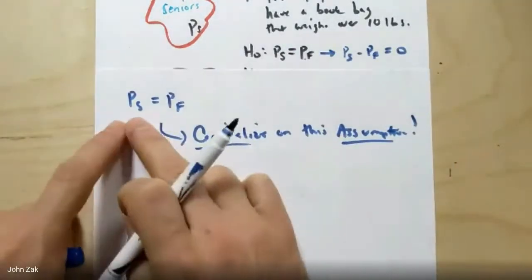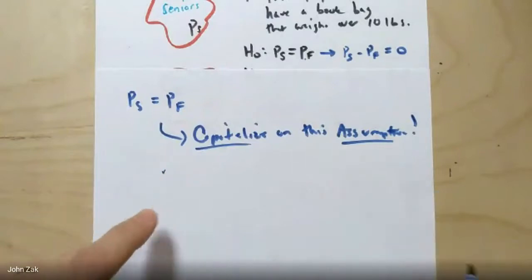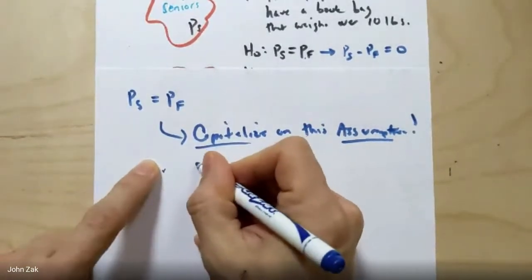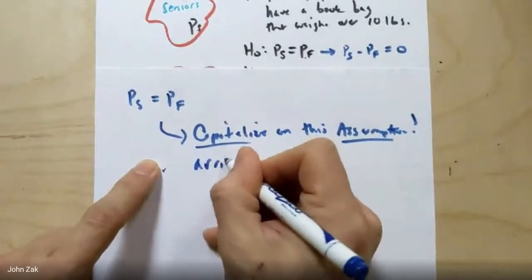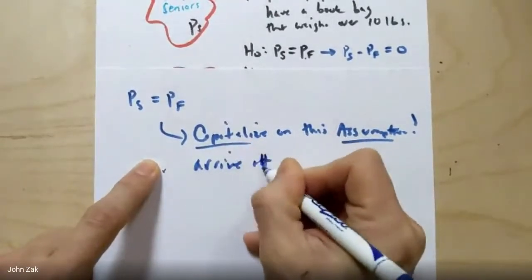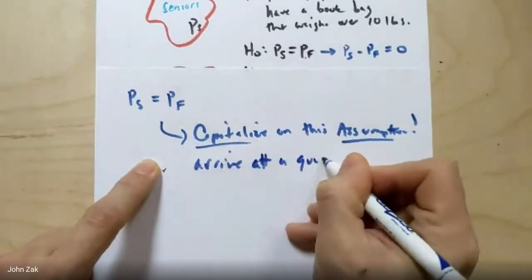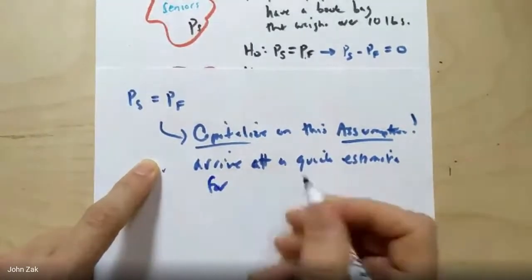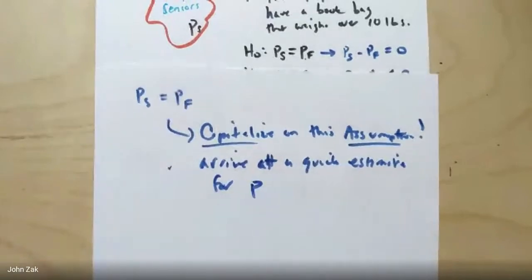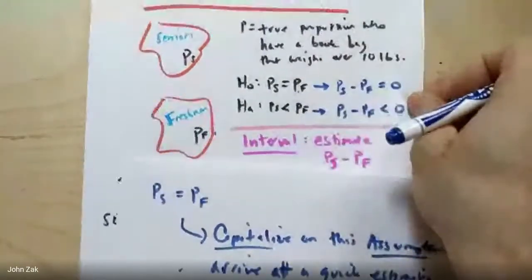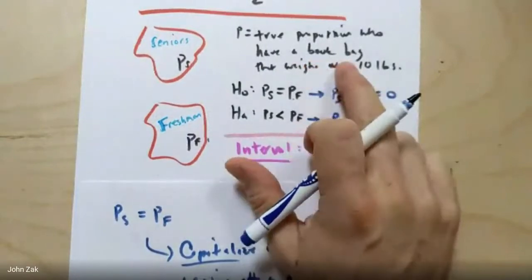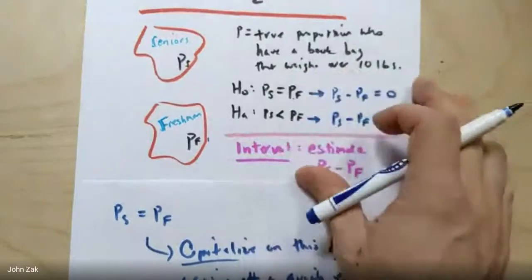And so when I say this is equal to this, I'm going to capitalize on this assumption to arrive at a quick estimate for P. Remember, P in general ignored whether it was seniors or freshmen. P was just the true proportion of, say, students at Central that have a book bag that weighs over 10 pounds.